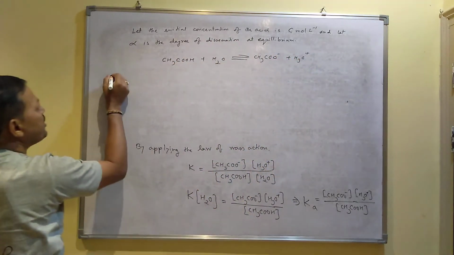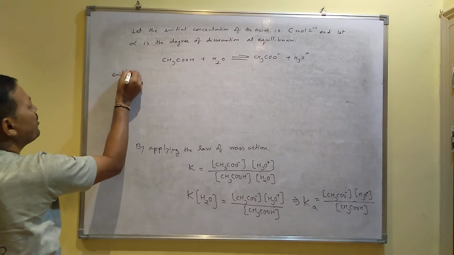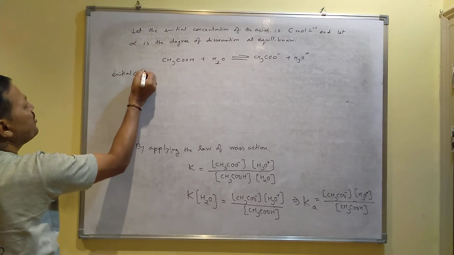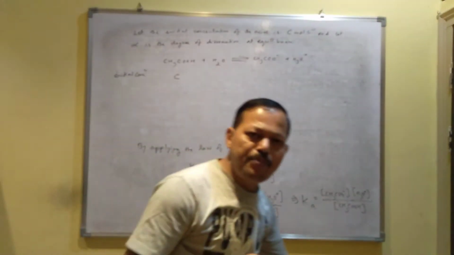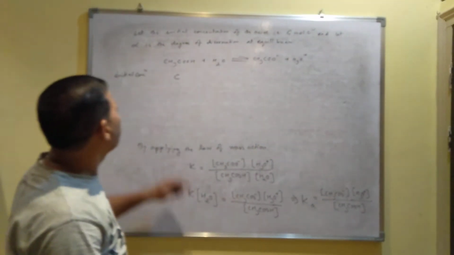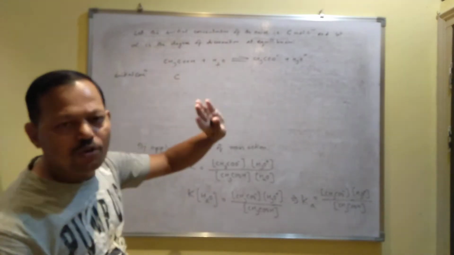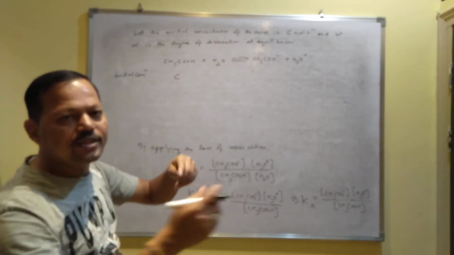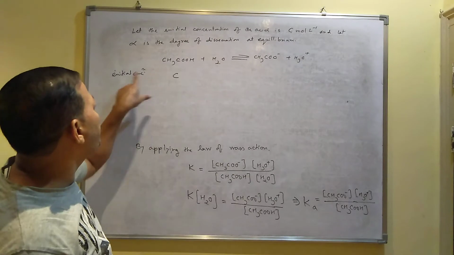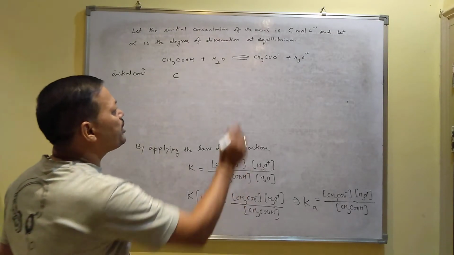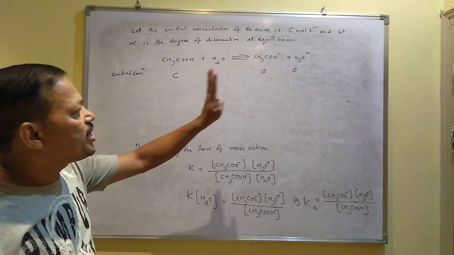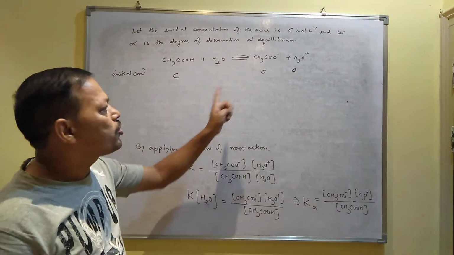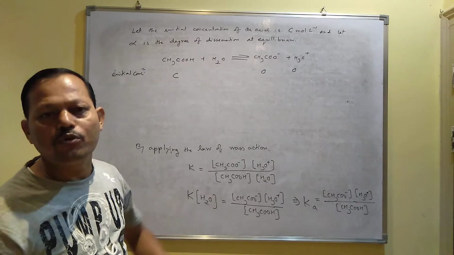So we have considered initially, I mean at the starting point, the initial concentration of acetic acid as C. Initial means at the beginning when the time is 0. Initially the reaction will not proceed, because to proceed the reaction minimum 1 second is required. So initial means time 0, that is why the product concentration will be 0. Initially the concentration of product is always 0, because to form the product it requires some amount of time.